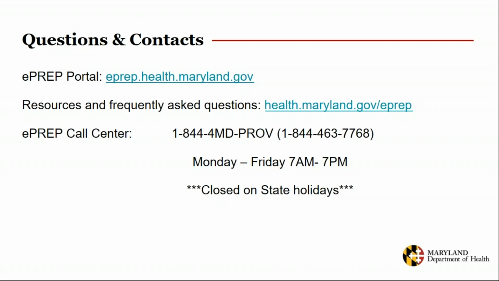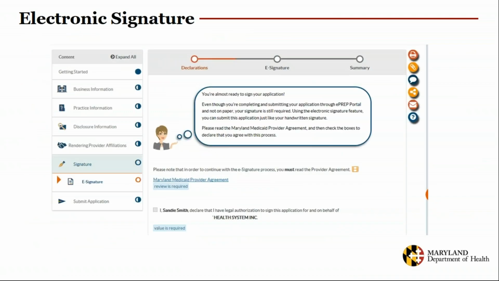Okay, we have situations like that happen a lot where we're starting up a new group. Usually when you're starting a new group and you start the application, you have the option of adding a rendering provider. So when you're doing a new group's application, you would put in that new provider's information in there. Let's see if I have that on my slide. Okay.